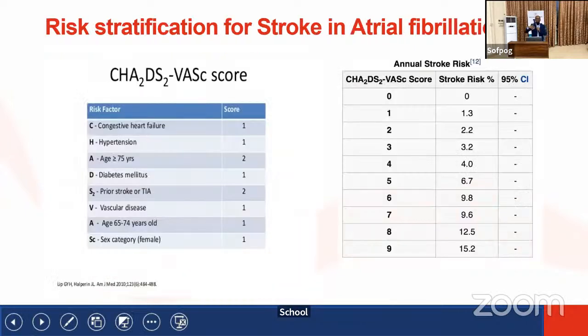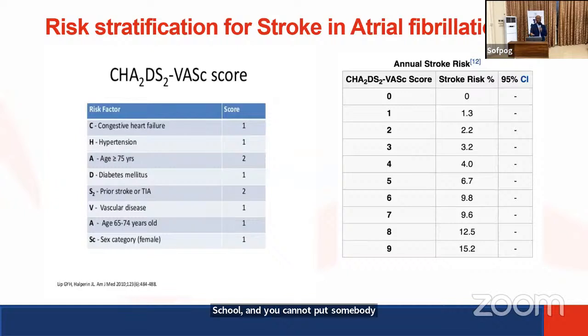You cannot put somebody who has atrial fibrillation on an anticoagulant without assessing the CHA2DS2-VASc score, or risk of getting stroke. The CHA2DS2-VASc score is used to assess the patient's risk of getting stroke. Atrial fibrillation alone doesn't lead to stroke.